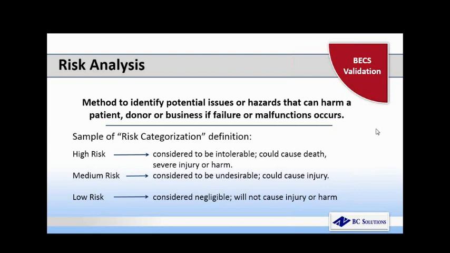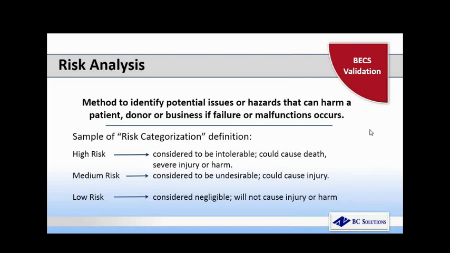If you try to verify everything in a computer system, it will take you a very long time. It would be very time consuming and resource hogging, and it would probably be almost impossible to validate every single thing in a computer system. So in order to focus your validation, you need to do a risk assessment so that you can focus that validation on the highest risk items.